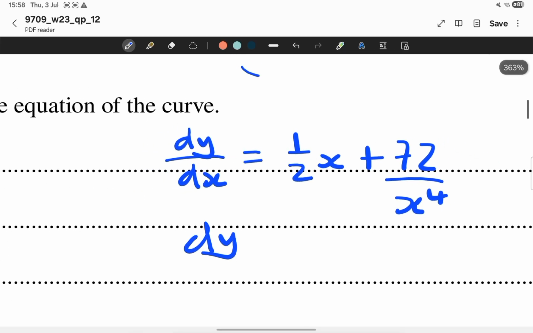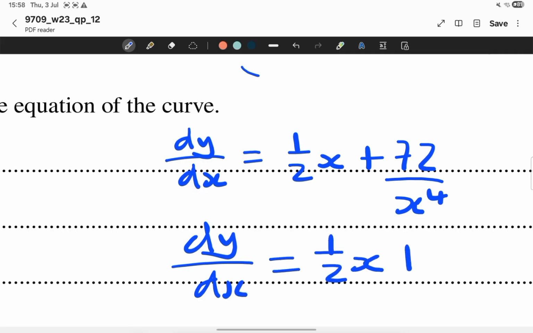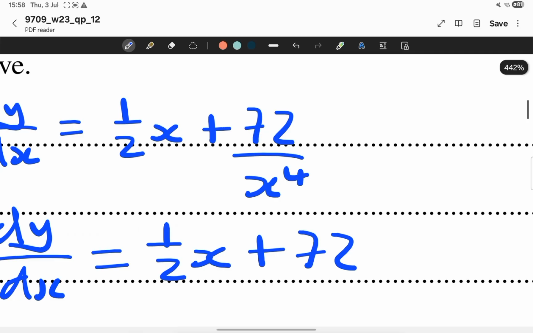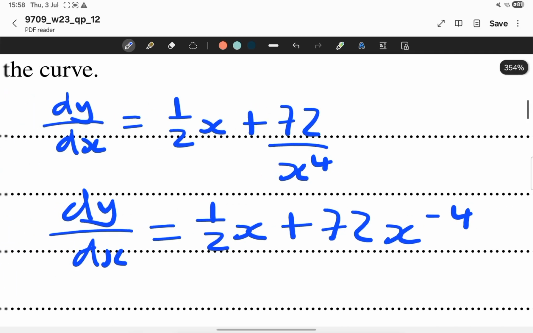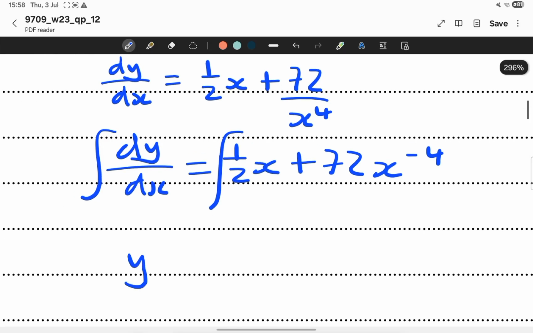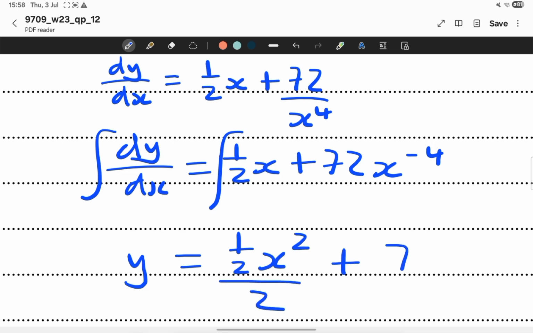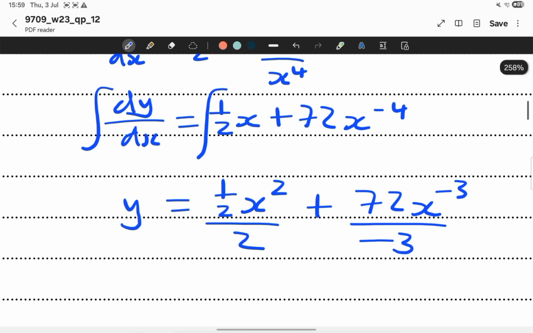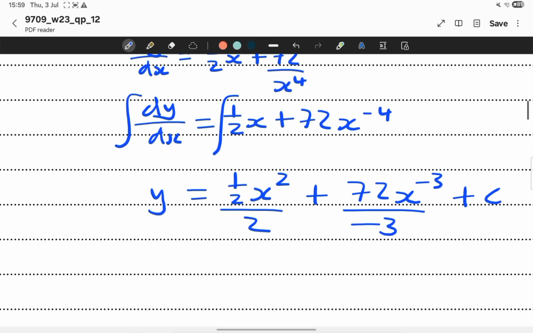Which we can write as dy/dx is equal to half x plus 72 x to the power minus 4. Then integrating this, we'll get y is equal to half x, we add 1 to the power and divide by the new power, plus 72 x, we add 1 to the power, giving us minus 3, then we divide by the new power, plus c.